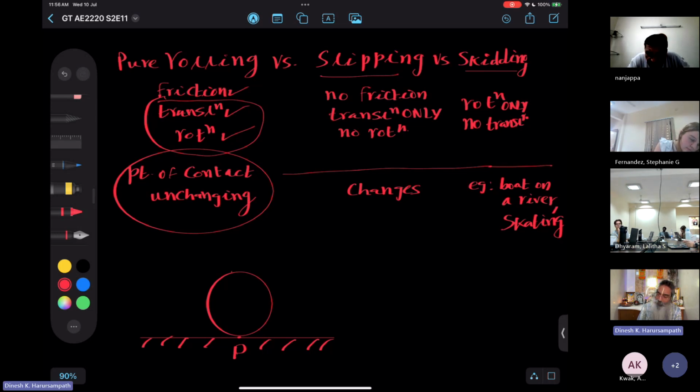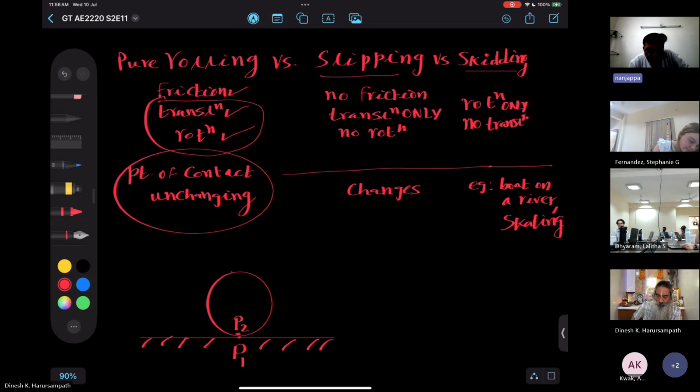Do you follow that, Nanjapa? Point of contact, yes, sir. Point of contact between the two surfaces. If we take the ball on top of a plane surface, let us say P1 for the surface and P2 for the ball. P1 and P2 are in contact with each other, and at any given point of time, P2 cannot slip relative to P1.